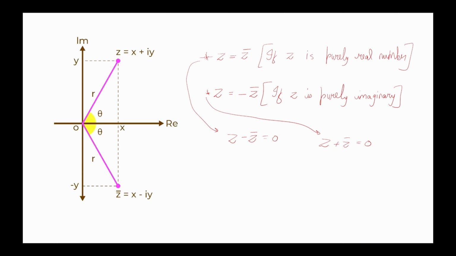Generally, when we solve questions, you can use these equations, because sometimes in questions they are going to give you the point that your z is purely imaginary or purely real. One example that we are going to be looking at after this concept would be based on this concept only, that z plus z bar would be equal to 0. From there you would have to calculate the unknown variables that have been given to you. So keep these equations in mind.